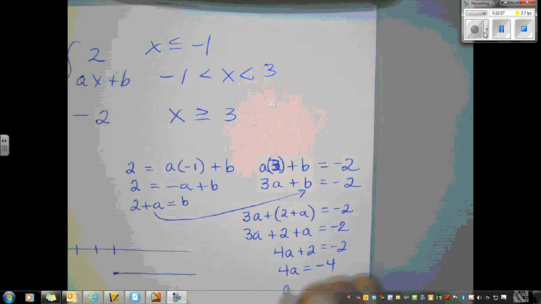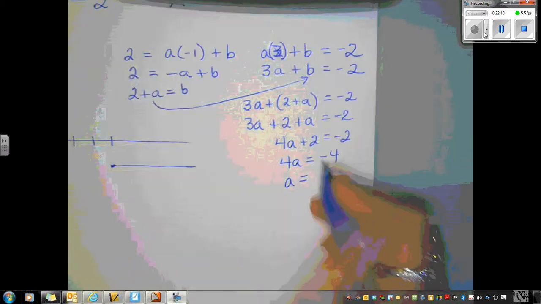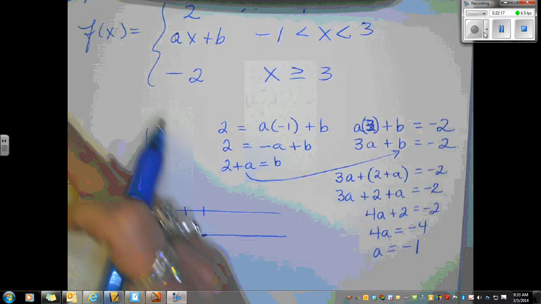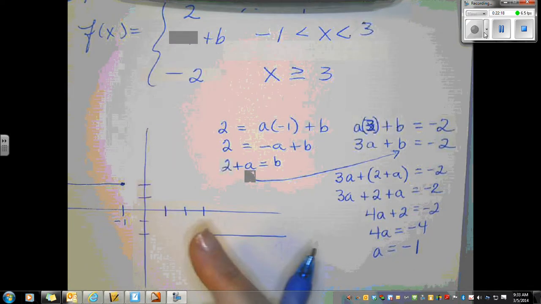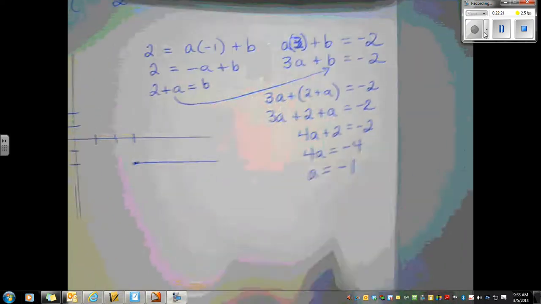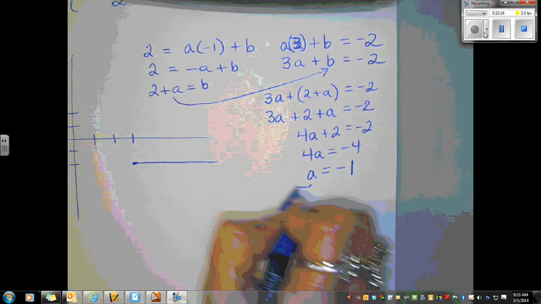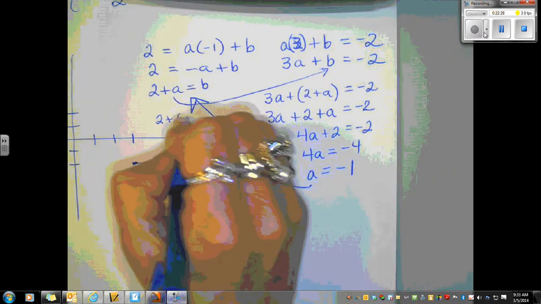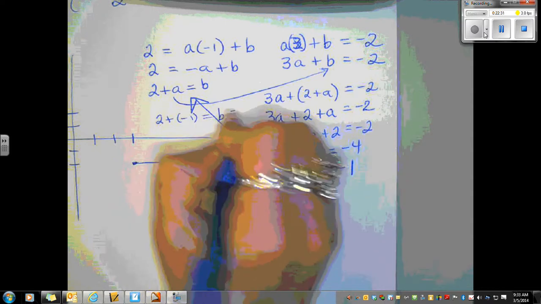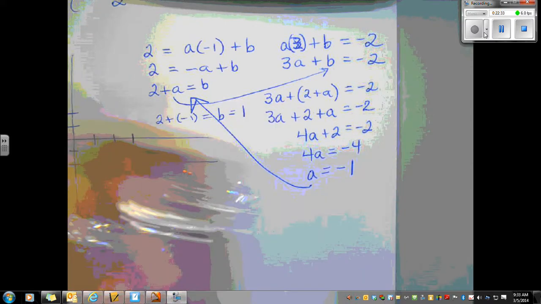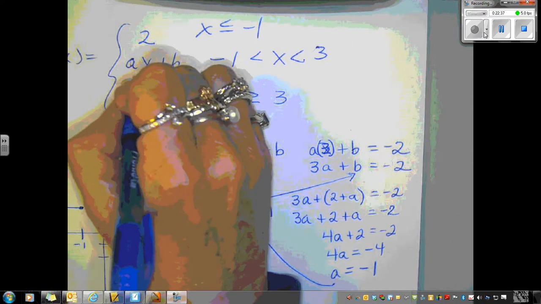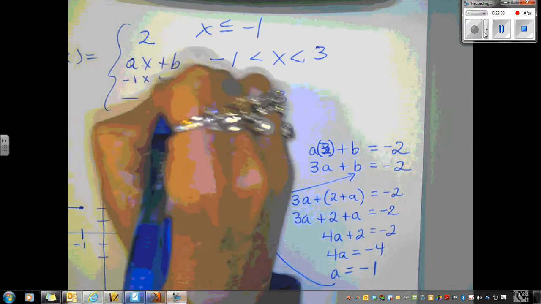So a is negative 1. Okay, seems reasonable, because what type of slope would this have to have? Negative slope. All right, so what's b equal to? Now we go back up here and we say 2 plus negative 1 equals b, so it equals 1. So now I have this equation here. I have negative 1 times x plus 1.